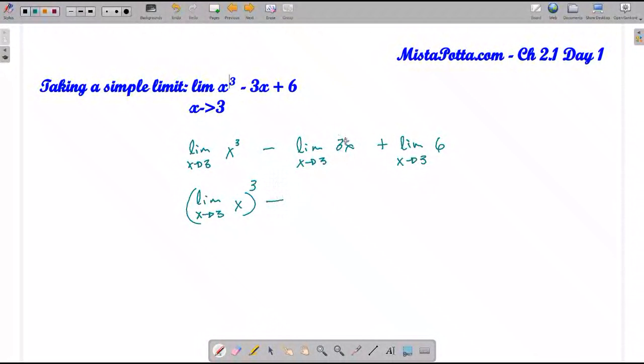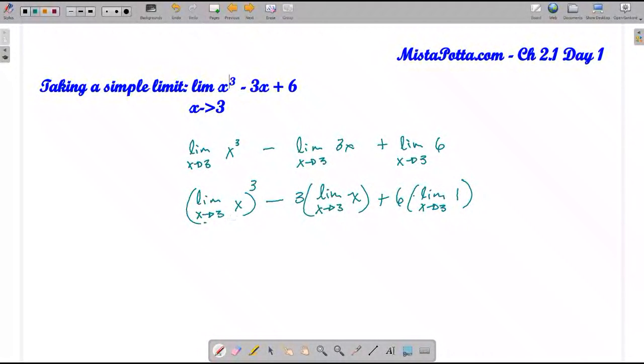And this 3 is a scalar, so I could actually pretend this is 3 times the limit as x approaches 3 of x. And this is really 6 times 1, so I can treat this as 6 times the limit as x approaches 3 of 1.